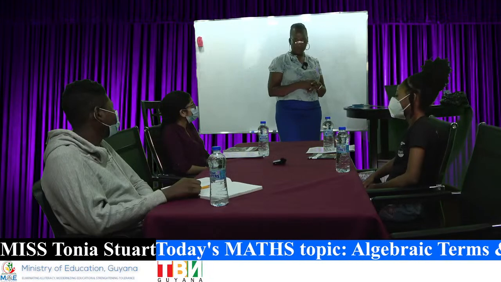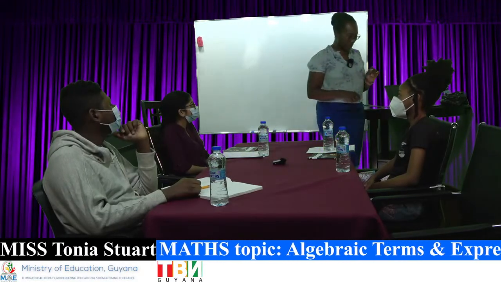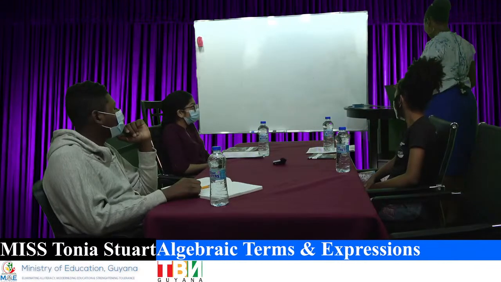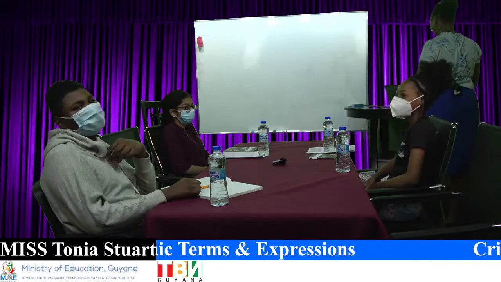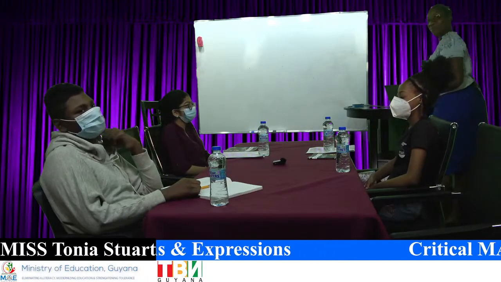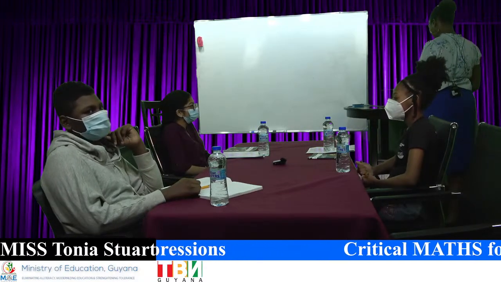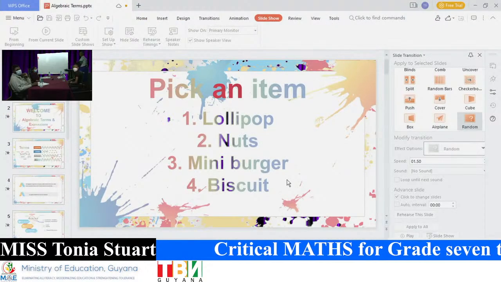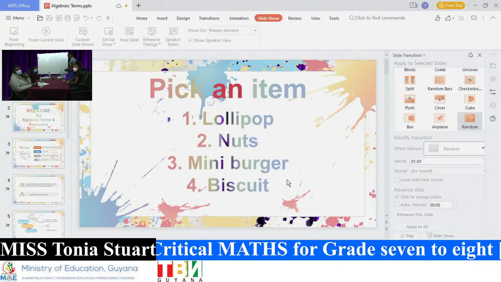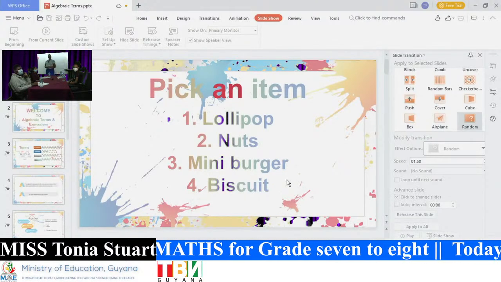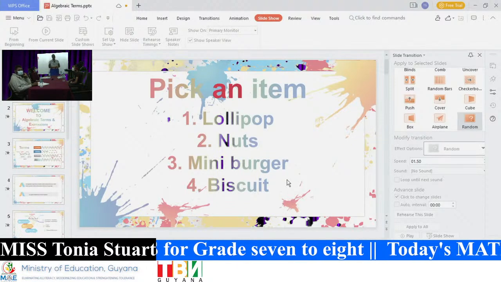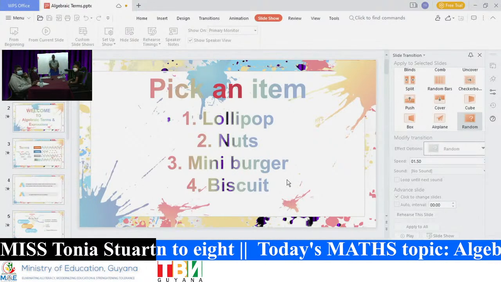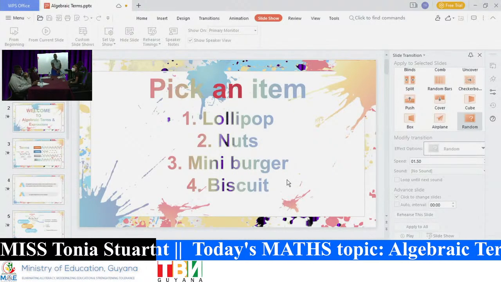First of all, I would like you to do something for me. I'm sharing my screen. I'm going to ask you to pick an item. You have 1, 2, 3, 4. Pick one. Akila: Lollipop.